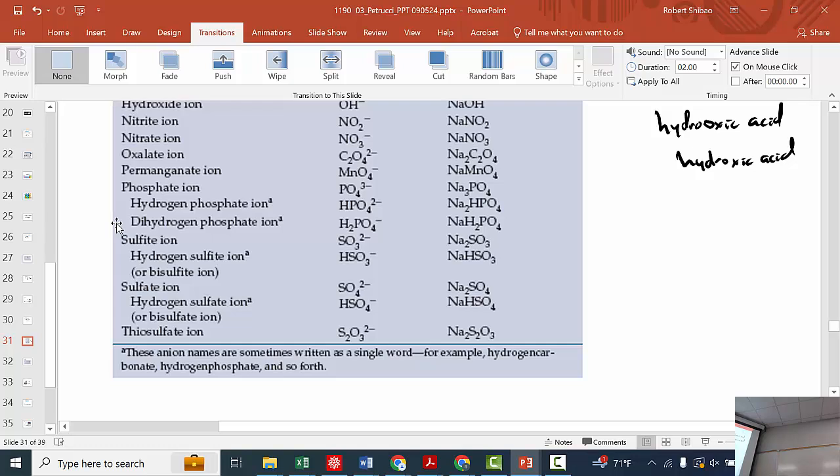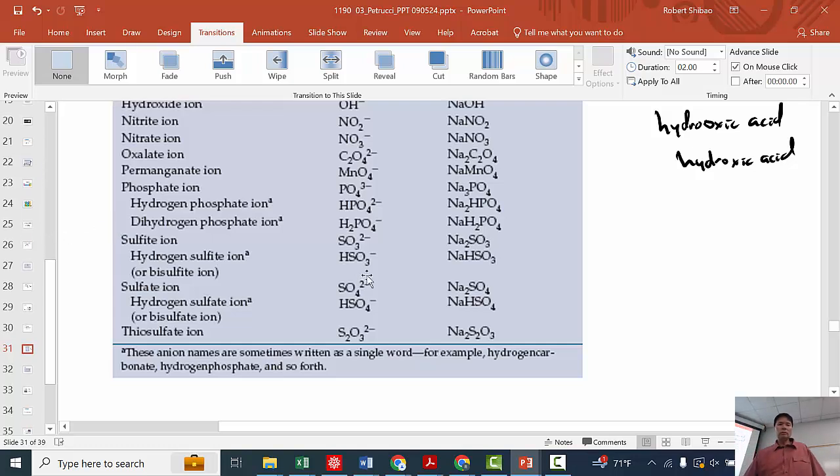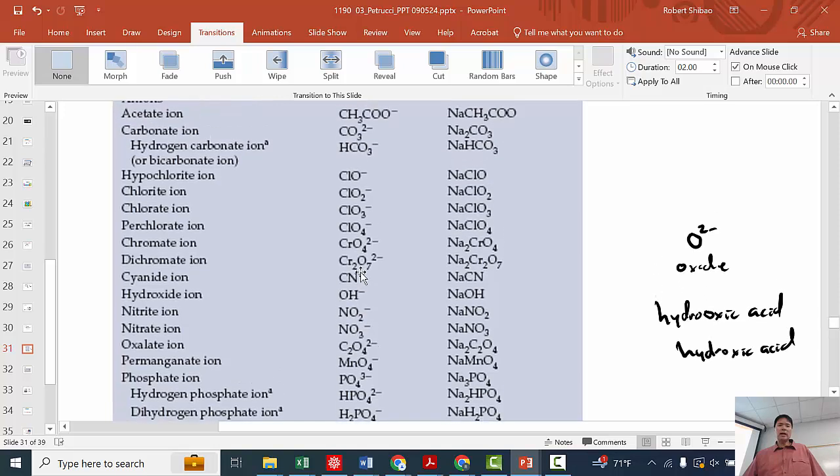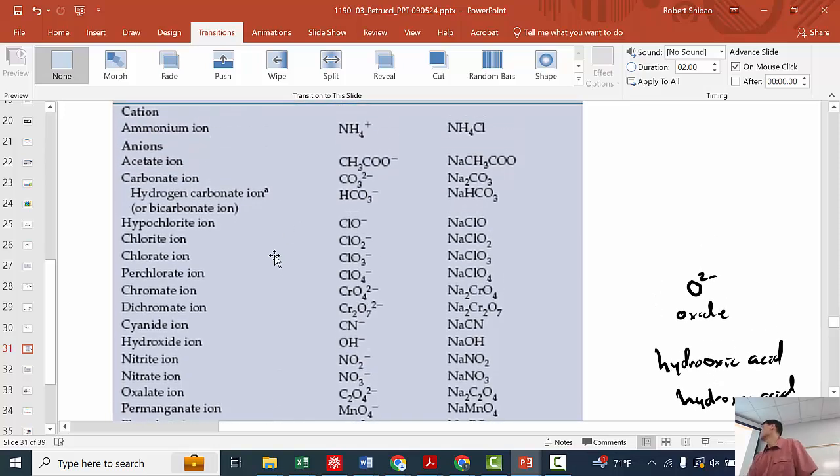Thiosulfate would make thiosulfuric acid, H2S2O3. The two most common acid anions would be hydrogen sulfate, or bisulfate, and hydrogen carbonate, or bicarbonate. Those are extremely common.